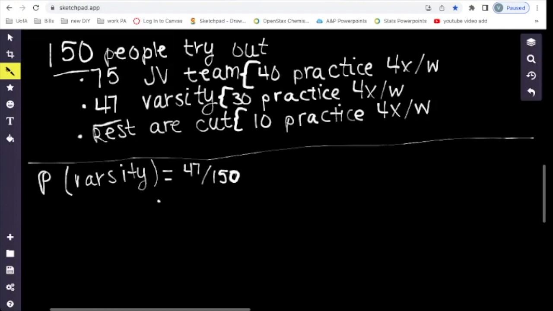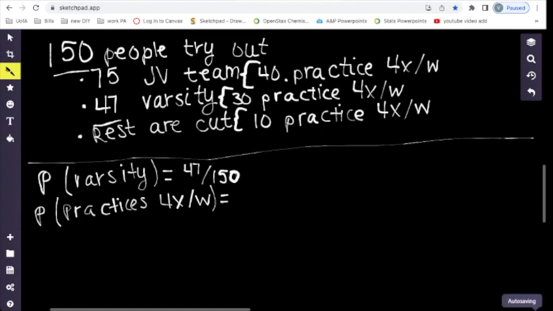Okay, now let's solve for the probability that if we select one person, that person practices 4 times per week. For this one, we would have to add up all the people that practice 4 times per week, which is 40 plus 30 plus 10. That would give us 80 out of the total number of people, which is 150.